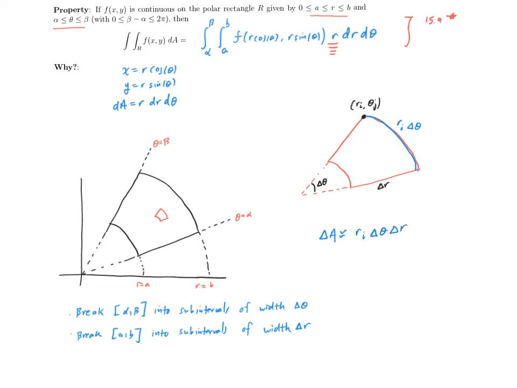And the key observation to note is that if we go from our delta A to our dA, what we would get back is r d theta dr, where the order of the d theta and the dr here is somewhat irrelevant. But the key observation is that this r sub i corresponds to the r that appears in our formula for polar coordinates.